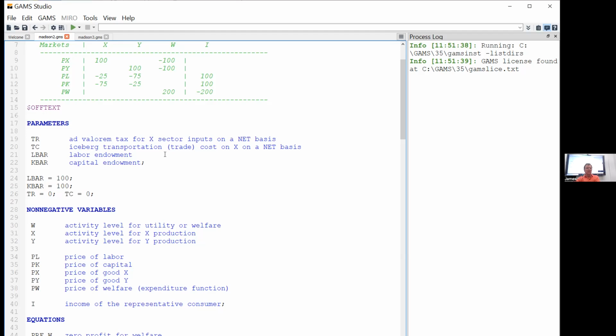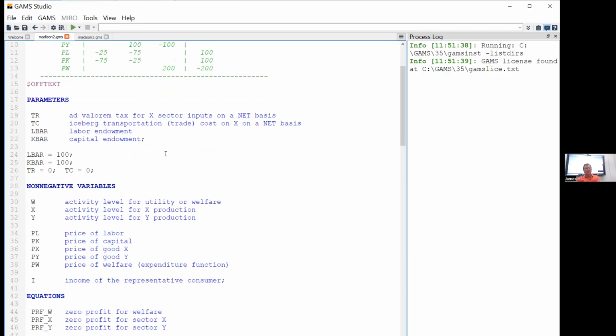And the second, TC, is like a transport or trade cost. Trade is not explicitly modeled here. I'm trying to keep it as simple as possible. But some of the output disappears between the producer and the consumer.